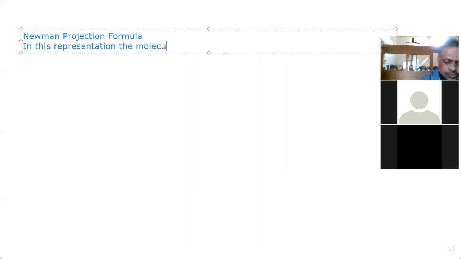In this representation, the molecule is viewed along one of the carbon-carbon bond axes.